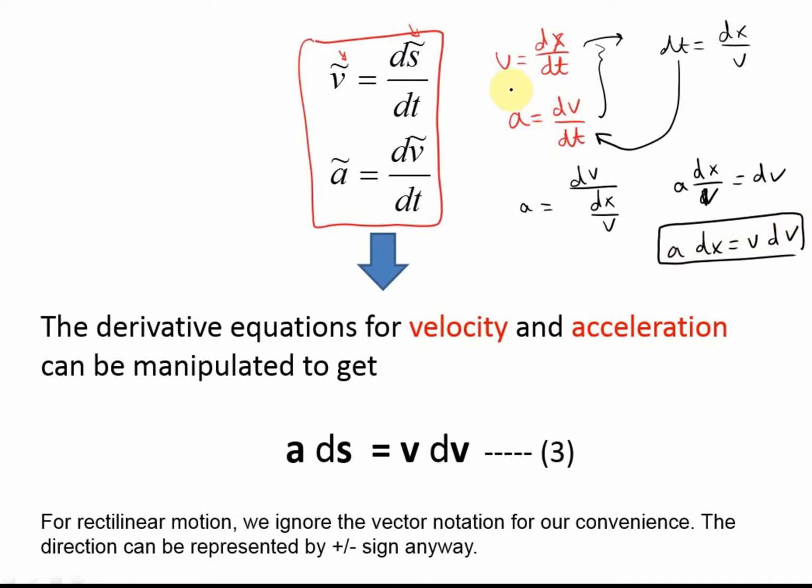From these two equations, we can make another formula, but this equation is not independent from these two, because we generate this equation from these two equations. We can just write down in here. So this is 1 and this is 2 and this is 3 kinematic equation.